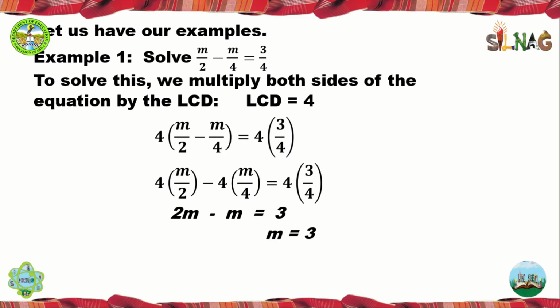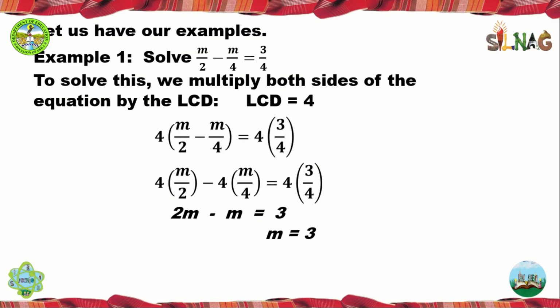Example number 1, you solve m over 2 minus m over 4 is equal to 3/4. To solve this, we multiply both sides of the equation by the LCD. And the LCD of 2 and 4 is 4.